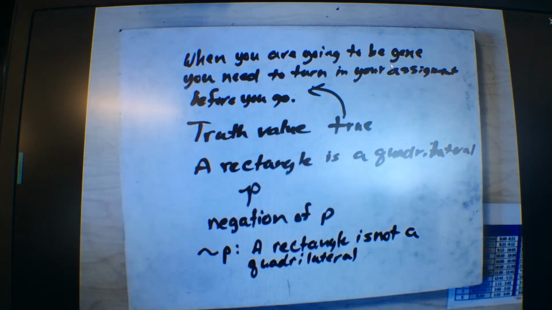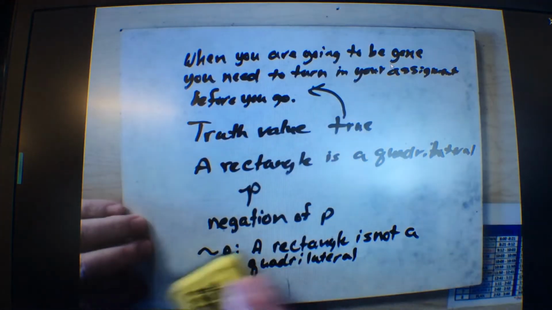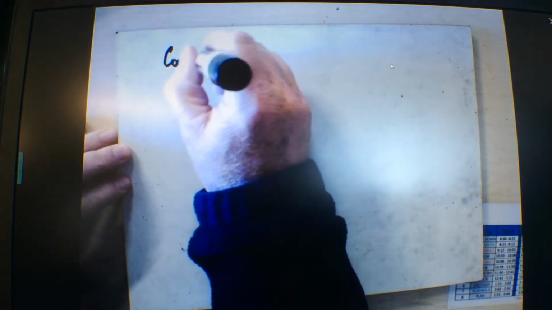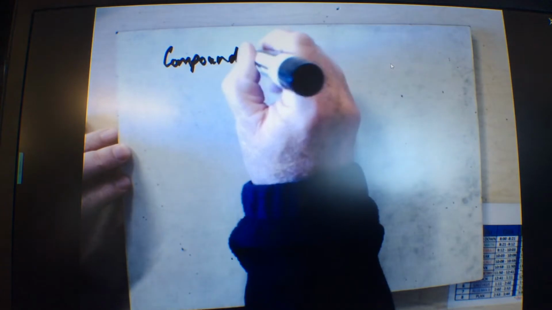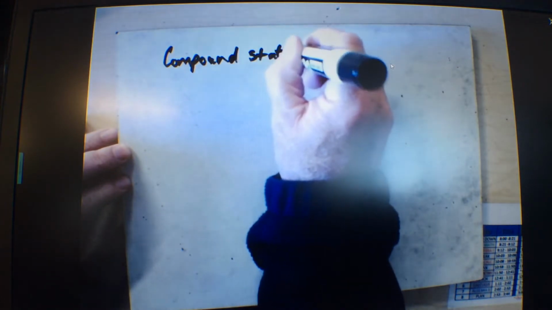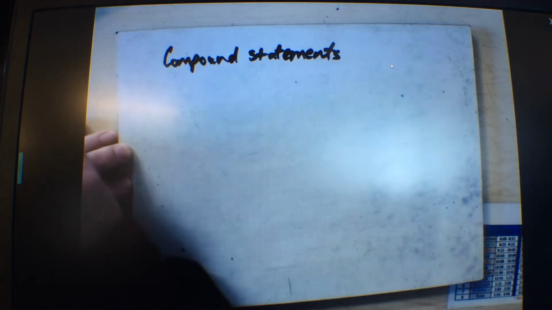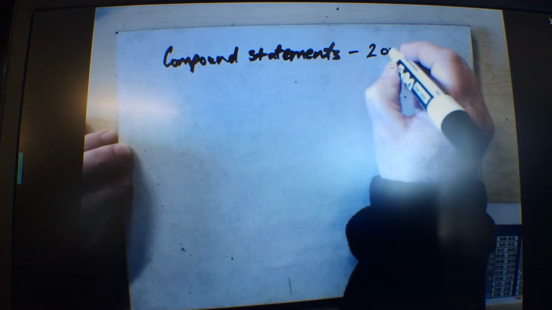All right, so we're going to talk about some statements that go together. We're going to talk about compound statements. We already talked about statements having a truth value, but now we're going to talk about compound statements. Compound statements are two or more statements joined by the words and or or.